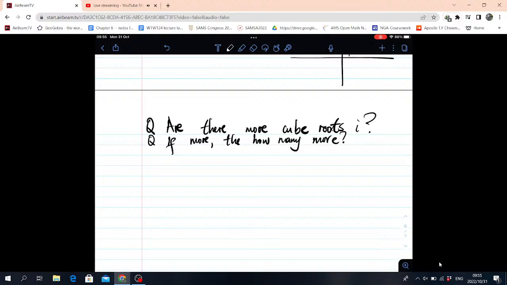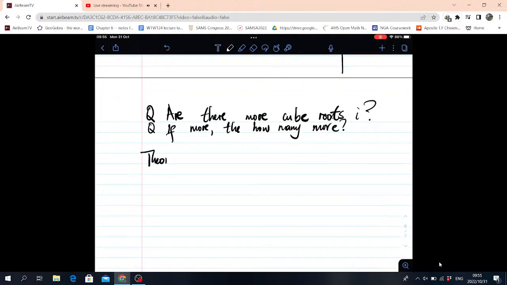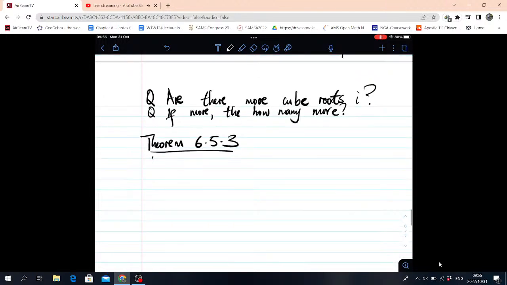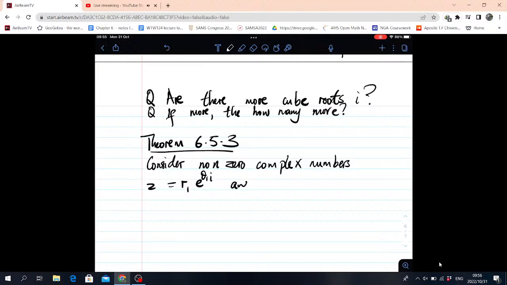But before we do that, we've got a theorem which is 6.5.3 in the textbook, and it says, consider two non-zero complex numbers, z, which is equal to r1 e to the theta 1 I, and w, which is r2 e to the theta 2 I, right?